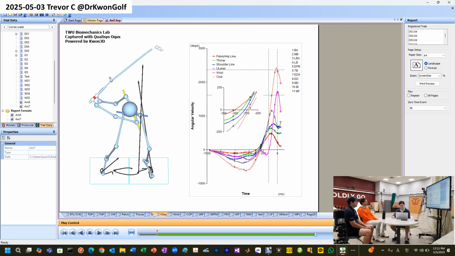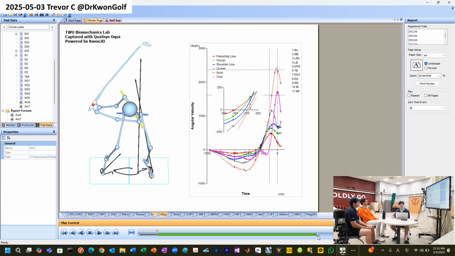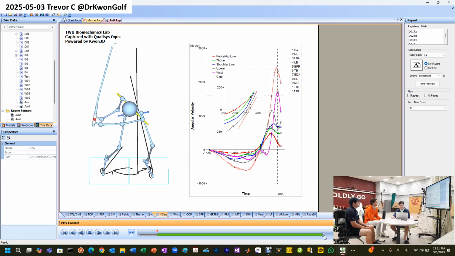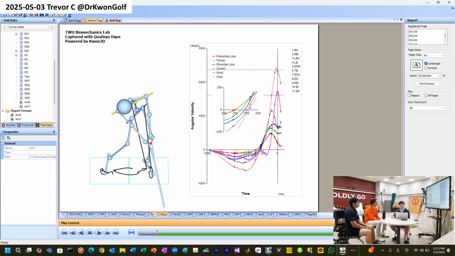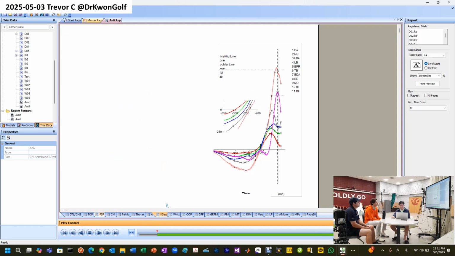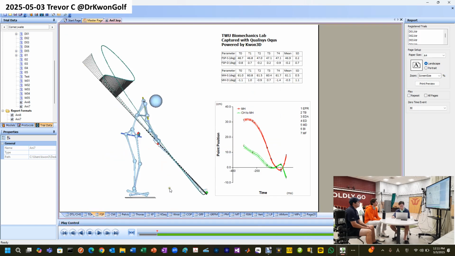So the position relative to the body almost stays there, and about here the uncocking starts. And then swing here. So along the swing plane, now look at the club head motion. Initially, the club head is moving more or less along the swing plane here.